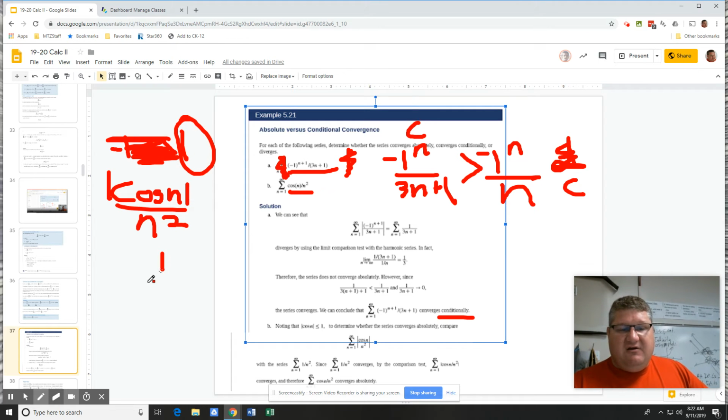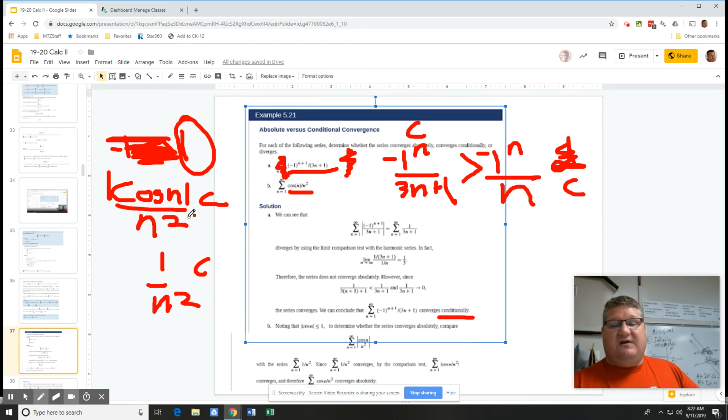So the good comparison would be 1 over n squared. What does n squared do? It totally converges every time. So if this converges, then I can guarantee that converges. It would converge absolutely because we used the absolute value bars. It converges, so therefore it converges absolutely.